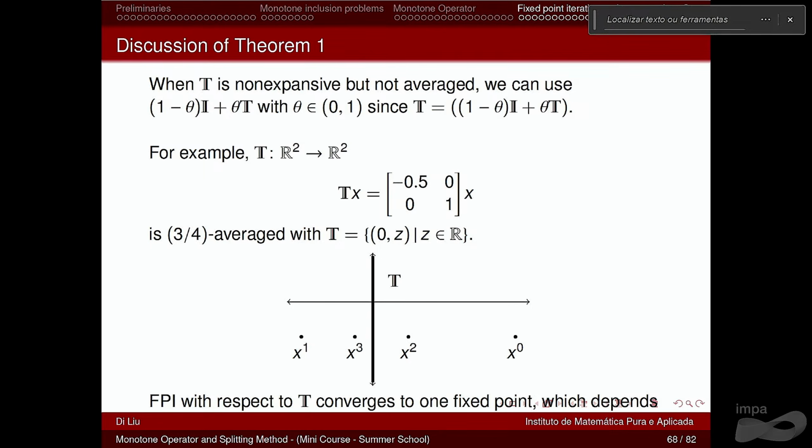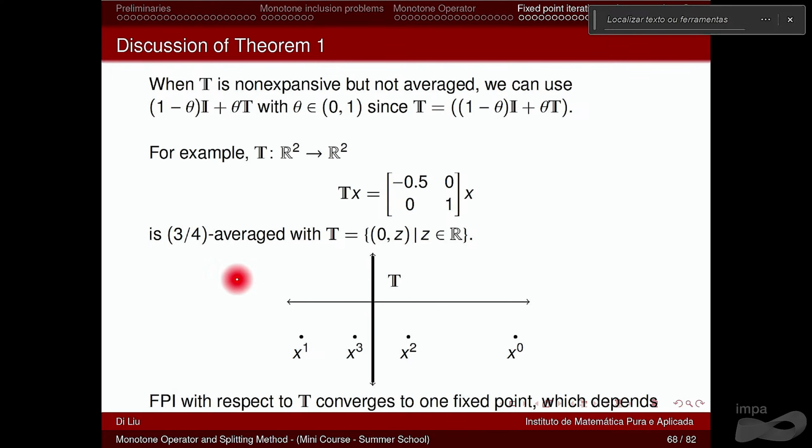So here is another example. If we have an averaged operator, and you assume that t is minus 1, then you cannot get this convergence here. You see the points get closer and closer to the fixed point of t.